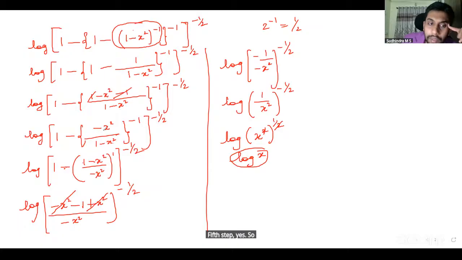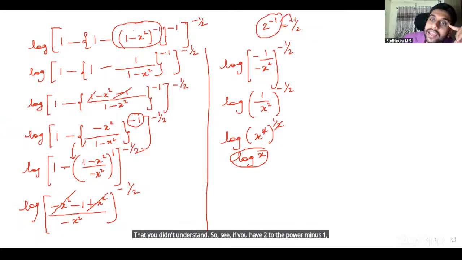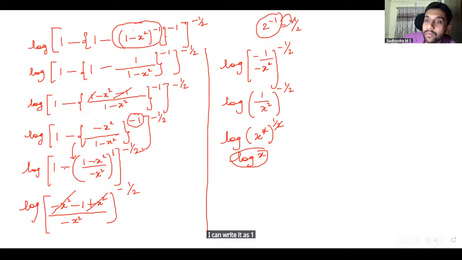So from here you understood how I get this? Yes, I have taken the reciprocal, so that minus 1 power becomes plus 1. That you didn't understand. See, if you have 2 to the power minus 1, I can write it as 1 by 2, 2 to the power 1. By taking the reciprocal, power becomes positive.